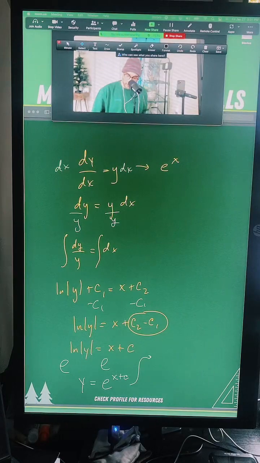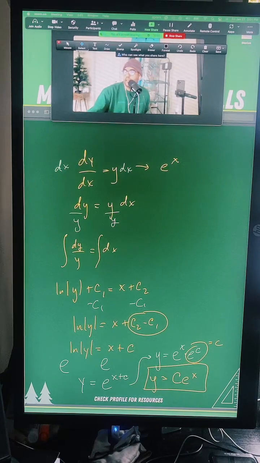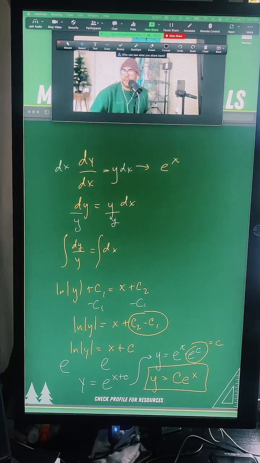And watch this: e to the x plus c can be written as e to the x times e to the c. But then e to the c is also just some random constant. So then y equals c e to the x. That's y. Nice. Oh, thank you, Rennie.